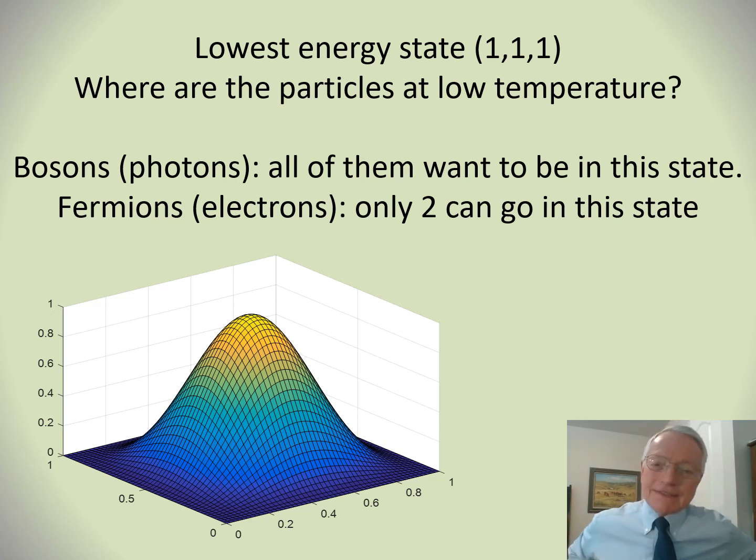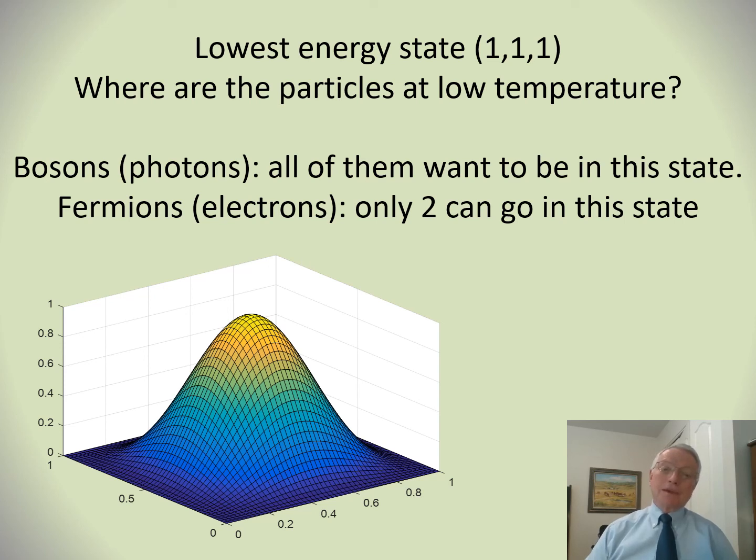And this is important, these ideas of high energy states with lots of wiggles and low energy states with not very many wiggles. That's important for the way bosons, like photons, and fermions, like electrons, behave. If you're a boson, then you're very social and you want everybody to be in the same quantum state.